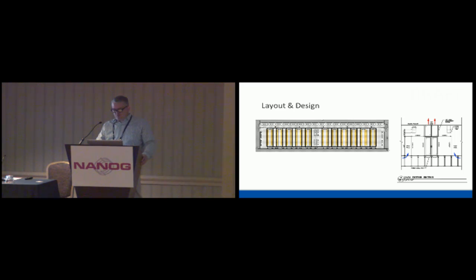So it's really important to get that design, get the sign-off from everybody in your organization that's going to be using it, and get the sign-off from the data center owner and from the municipality.